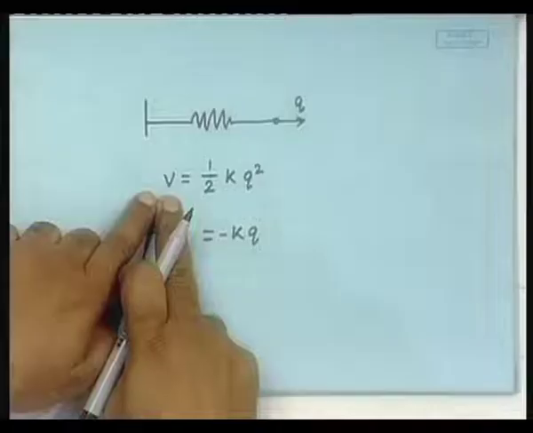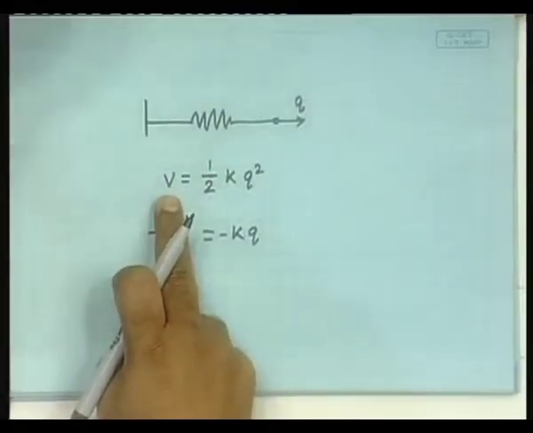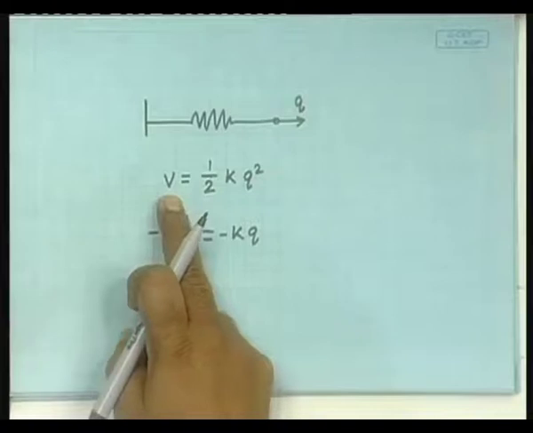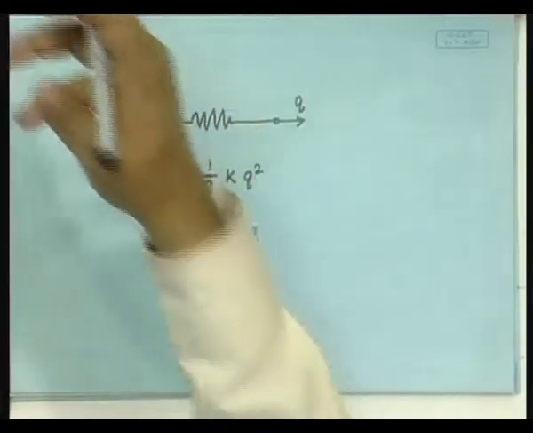And this potential energy is a scalar, just a number, it has no direction. So, if something is stored here, something is stored there, just add them up, that is it. That gives you the total potential energy, that is one advantage.